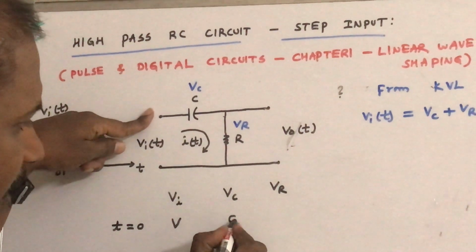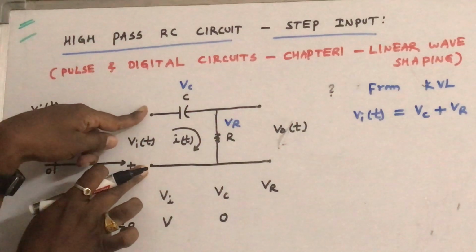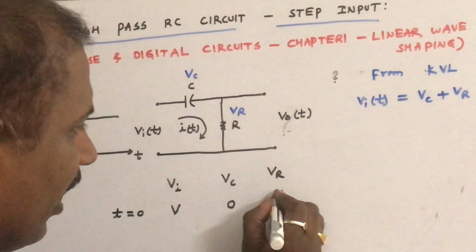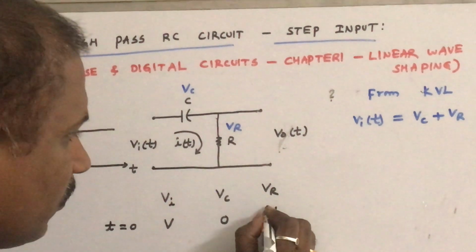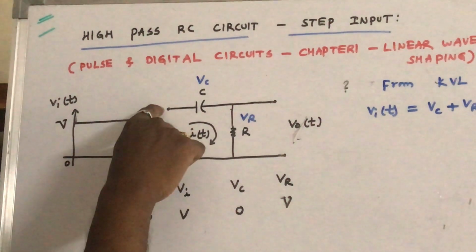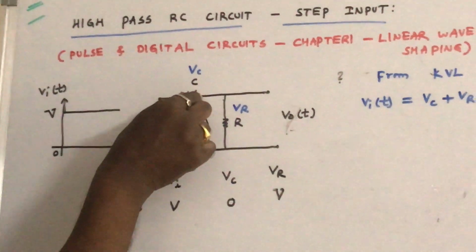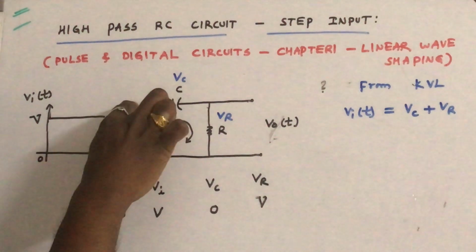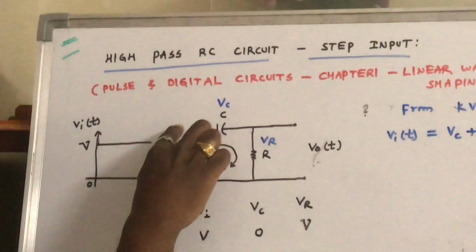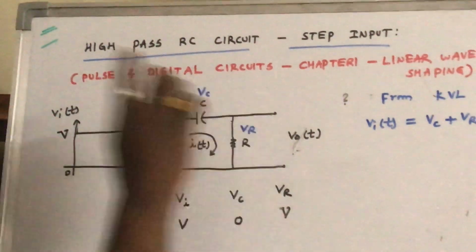Therefore this entire voltage V appears across the resistor. So the voltage across the resistor is V, since 0 plus V is equal to V.